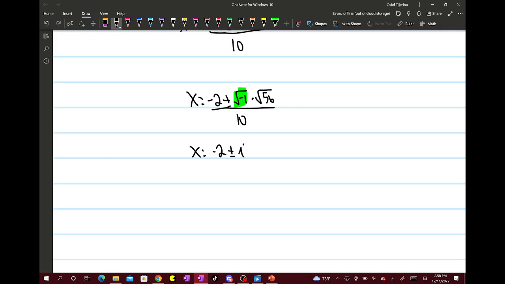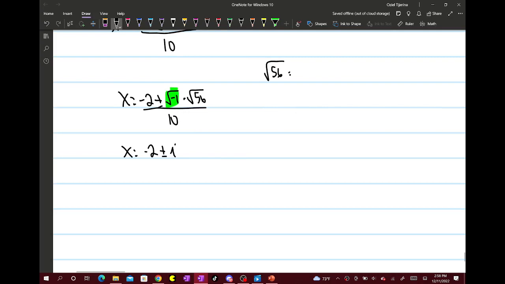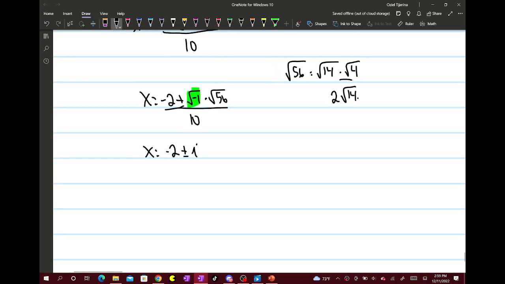And then if we simplify the square root of 56, this is equal to the square root of 14 times the square root of 4. So this will be 2 square root of 14, right?